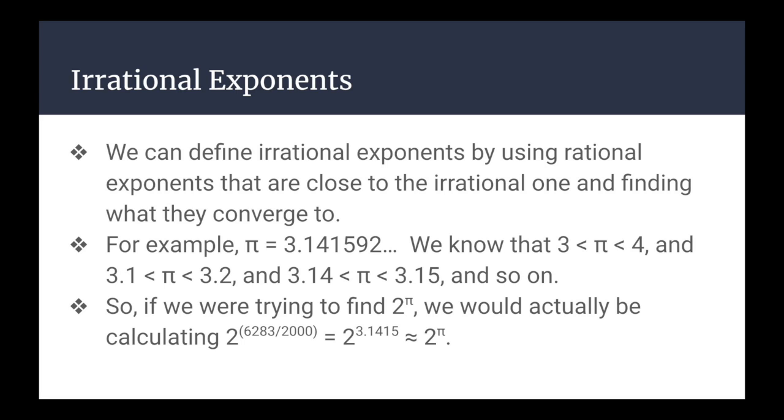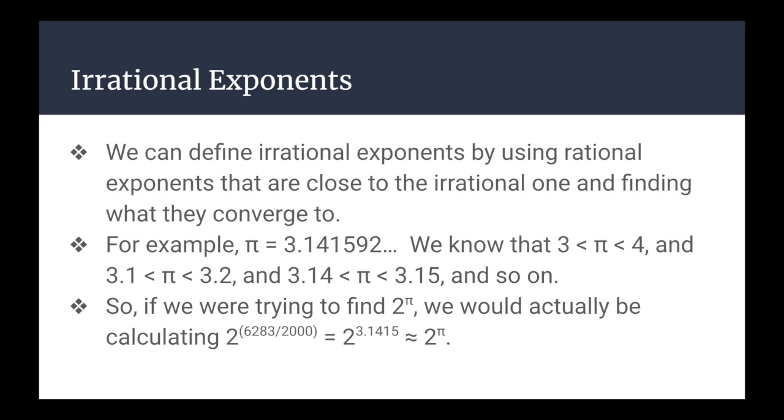So, for example, we know that pi is equal to 3.141592 and so on. We also know that 3 is less than pi, but pi is less than 4, and that 3.1 is less than pi, but pi is less than 3.2, and 3.14 is less than pi, but pi is less than 3.15, and so on. And we can just keep going like that with more and more decimal places.